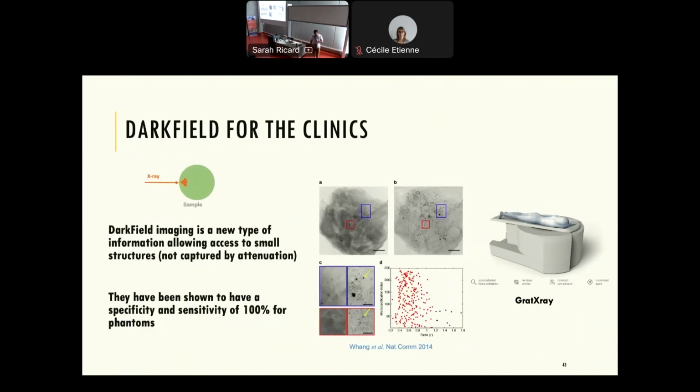The fact of this scattering of light was also demonstrated to be interesting for breasts, because in breast tumors you have a lot of calcifications, and what they could see in this publication is that they have specificity and sensitivity of 100%, which is questionable.